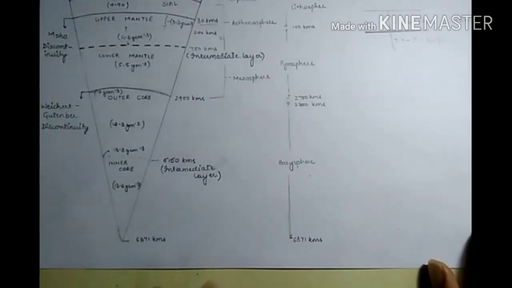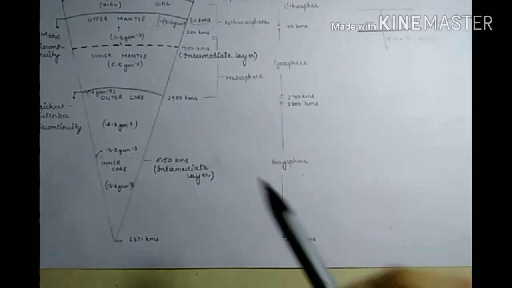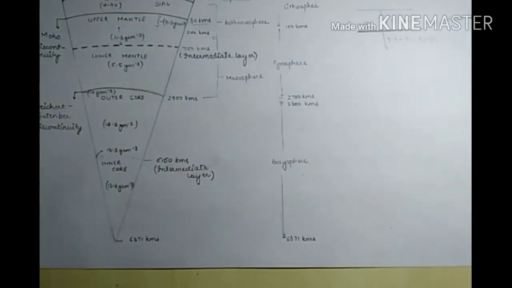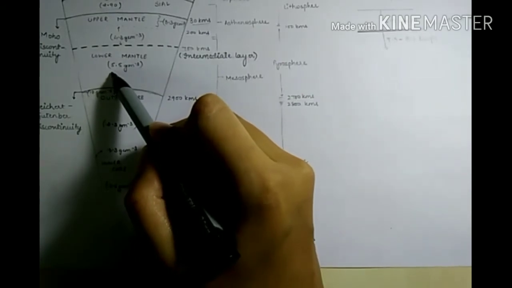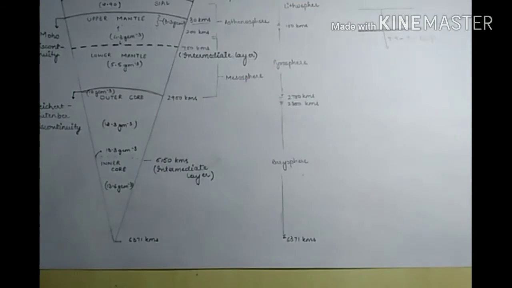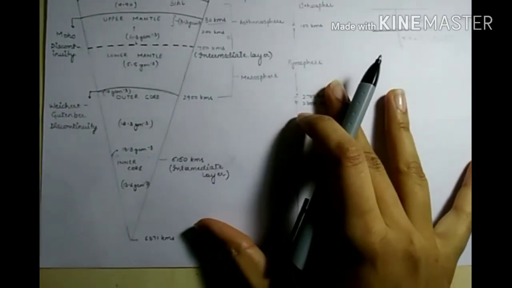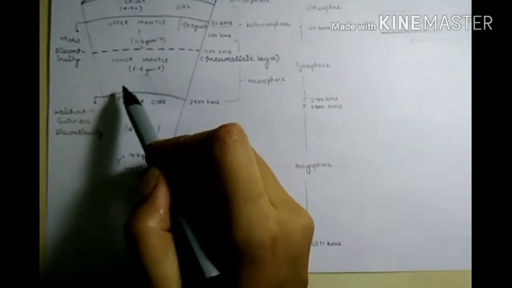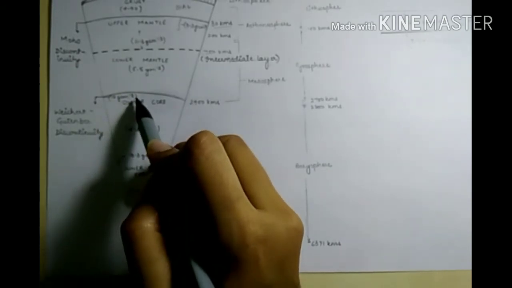Here, speed is not the major factor, but the density. We have seen that the lower mantle had a density of 5.5 gram per centimeter cube. But as soon as we reached here, the density suddenly jumped from 5.5 gram per centimeter cube to 10 gram per centimeter cube.